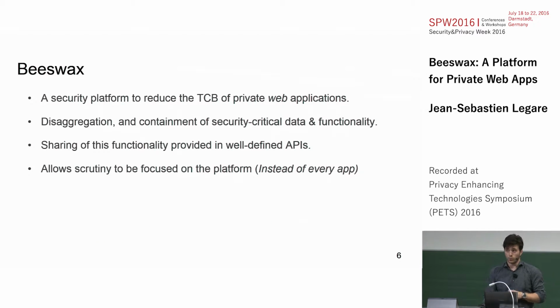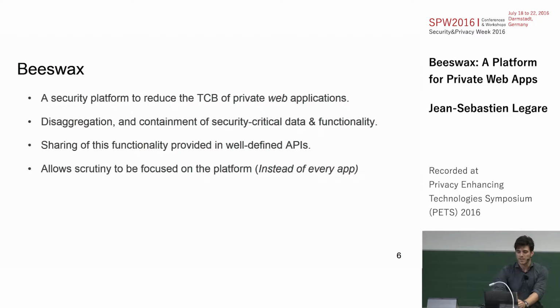So we wanted to alleviate that problem with this platform we're introducing today to you, Beeswax. It's a security platform that will reduce the TCB of private web applications. What it does is it disaggregates and contains the security critical data and functionality from these applications into a platform, and it shares that common functionality between apps through well-defined APIs.